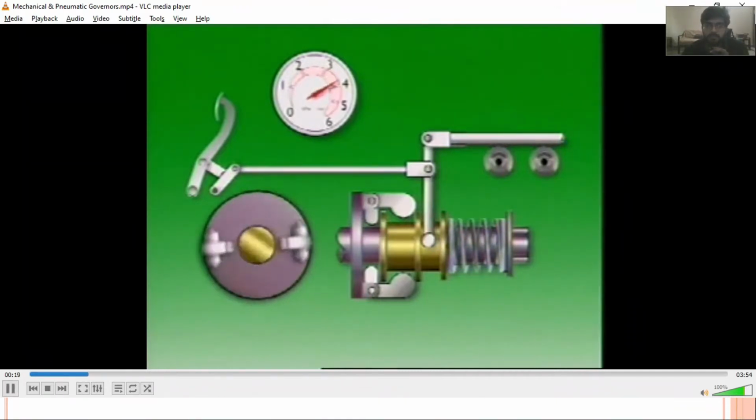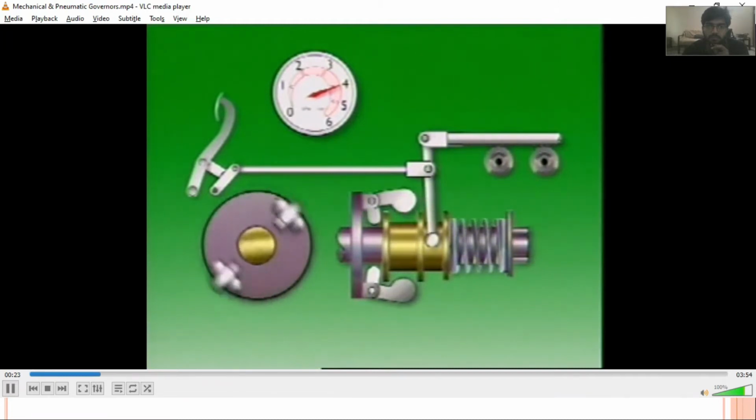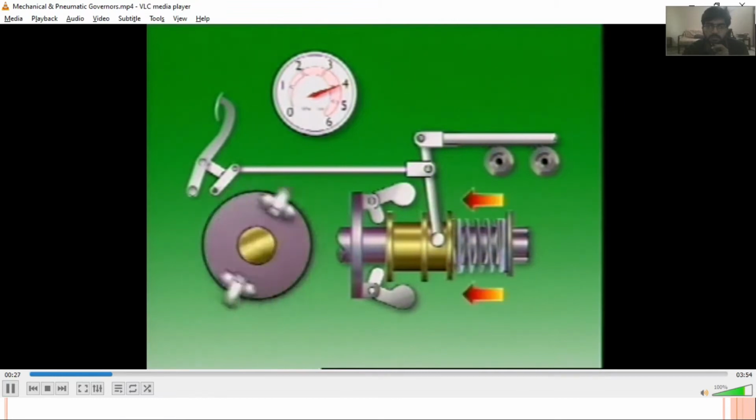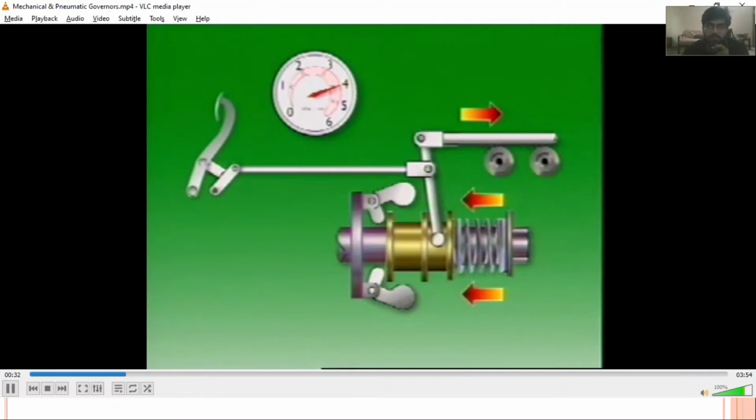Removing the load from the engine lets its speed rise. Centrifugal force pushes out the weights, which push a sleeve against the spring. The force from the spring tries to push the rack to the maximum fuel position. Okay, so as the engine speed rises, these flyweights will move apart.